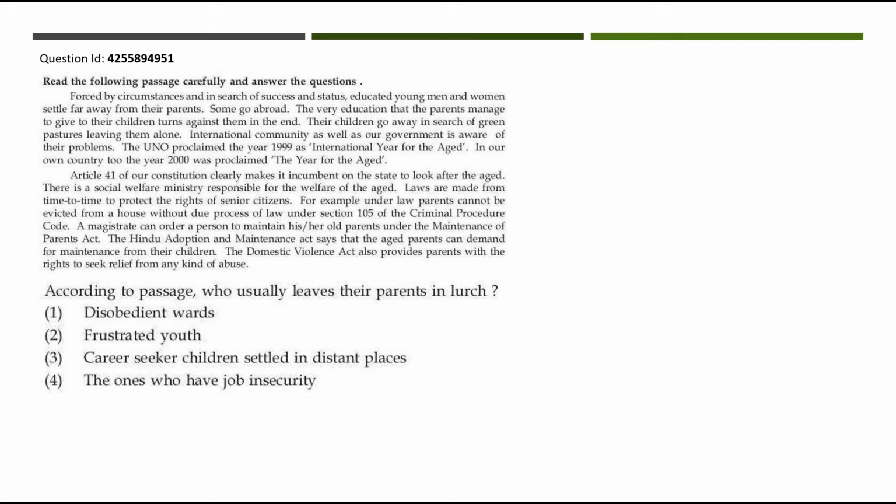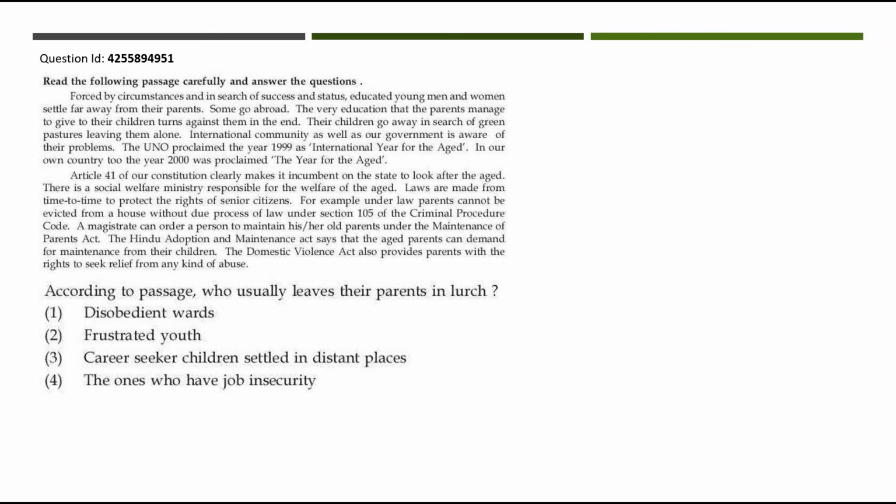Read the following passage carefully and answer the questions. Forced by circumstances and in search of success and status, educated young men and women settle far away from their parents. Some go abroad. The very education that the parents manage to give to their children turns against them in the end.